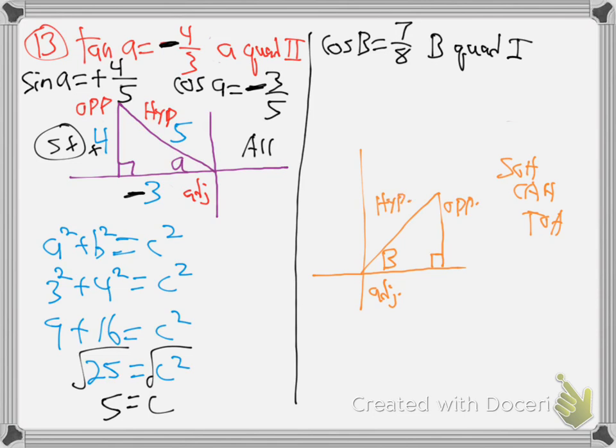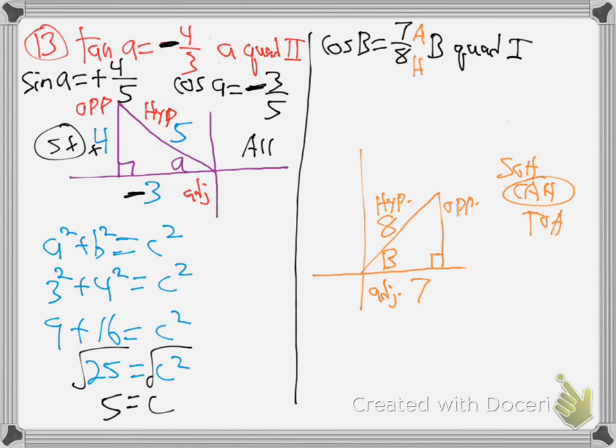Hypotenuse. So cosine is adjacent over hypotenuse. So it's going to be 7 over 8, like that. Good on that. And then we find the third side by the Pythagorean theorem. So you're going to need to do the Pythagorean theorem to find that third side over there.